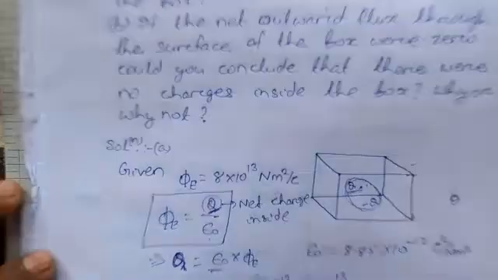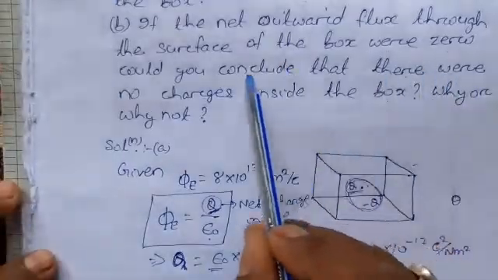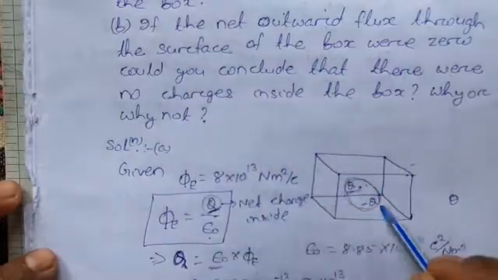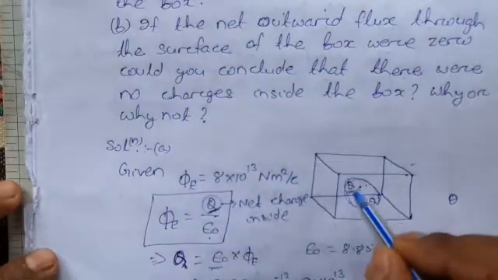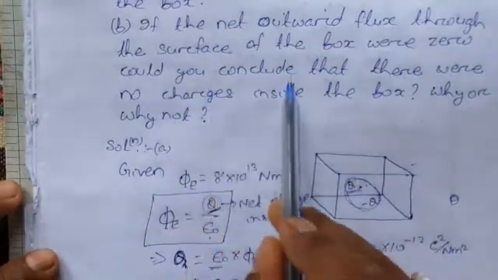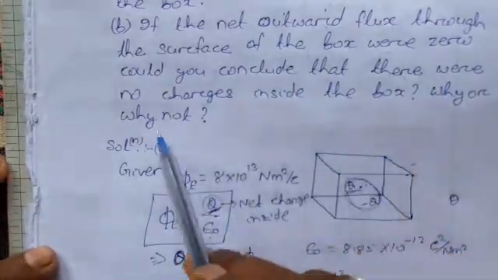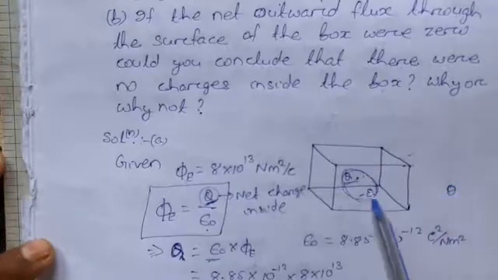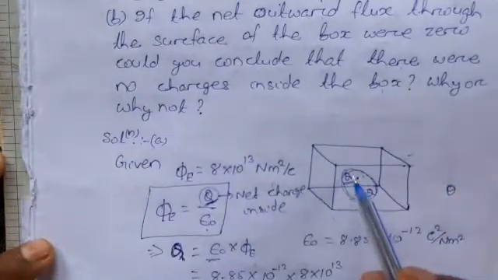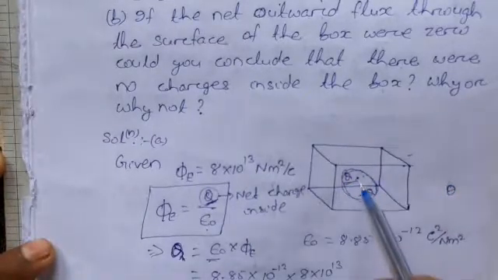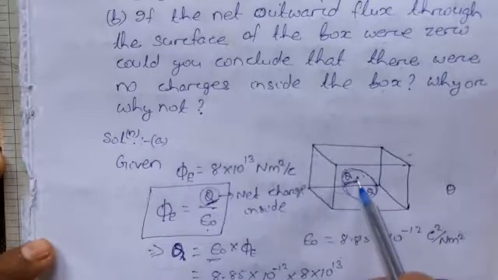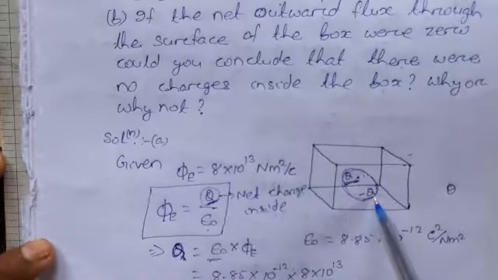Here we can say the flux is 0. Why? Because the net charge is 0. But could you conclude that there were no charge inside the box? Why or why not? No, we cannot say that there is no charge inside the box. Net charge may be 0, but there is some charge. This is positive charge, this is negative charge.